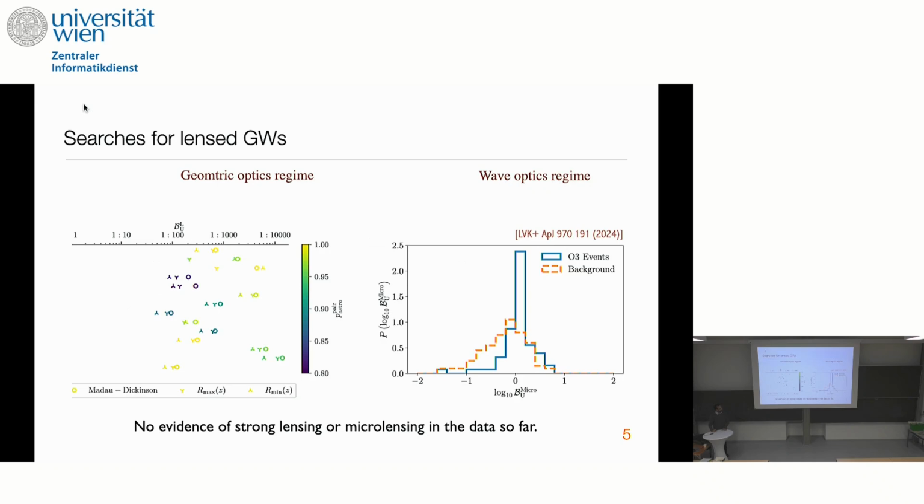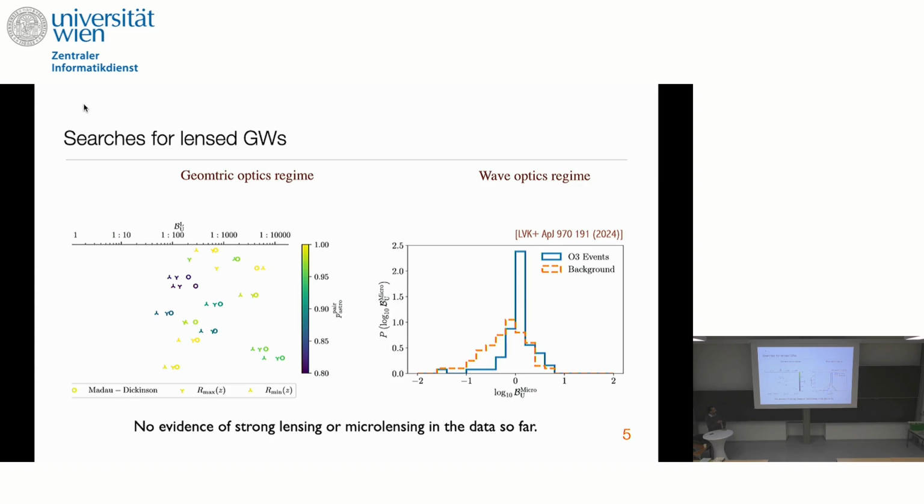We have had several searches to look for these lensing effects in the past three observing runs of LIGO and Virgo. This is one plot that summarizes the results. It shows the Bayes factor, the likelihood ratio between the lensed and unlensed hypotheses, on the x-axis, and larger values mean smaller evidence towards lensing.